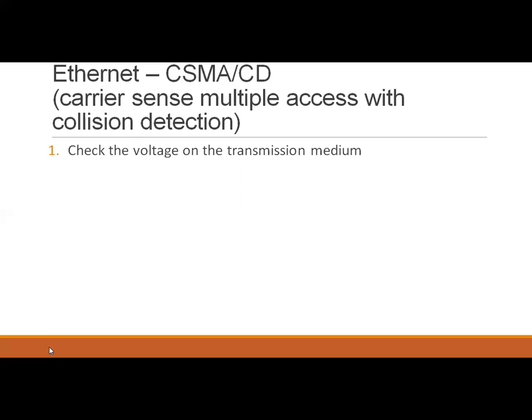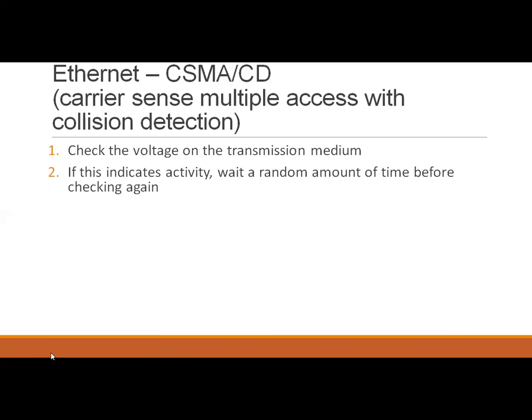What happens was a computer would check the voltage on the transmission medium. If the voltage was high, that means the data transfer is being done. If the voltage is low, that means the transmission medium is free. If the transmission medium is busy, the computer would wait for a random amount of time and then check again.